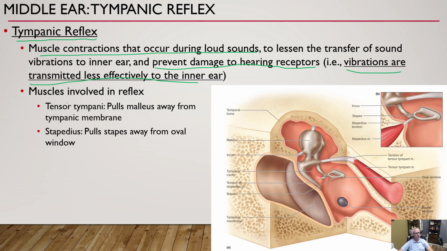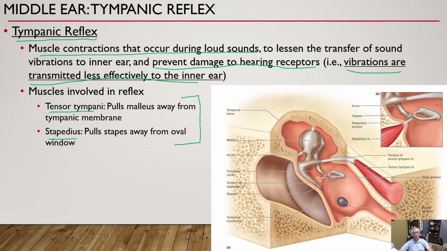We have muscles that are involved in vibrations of the malleus, incus, and stapes. It's not like those bones move automatically. So this tensor tympani and the stapedius will not work as effectively or as efficiently as it typically does, because the body's trying to protect itself.